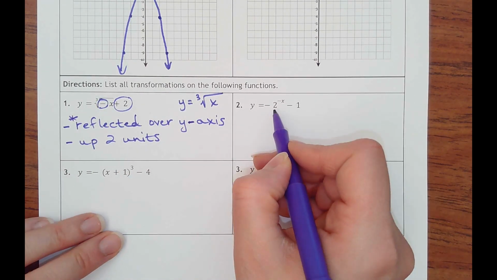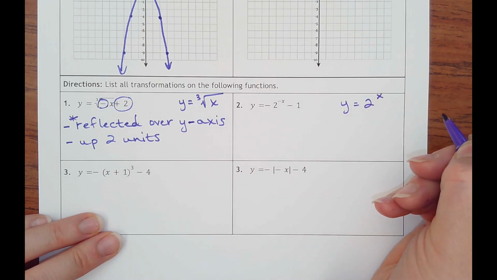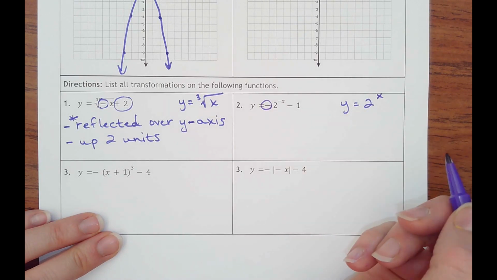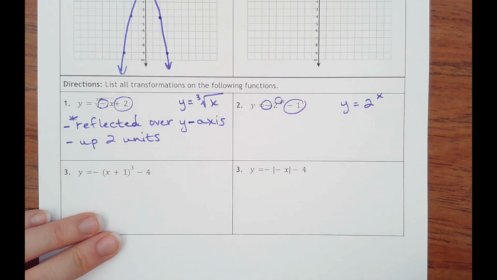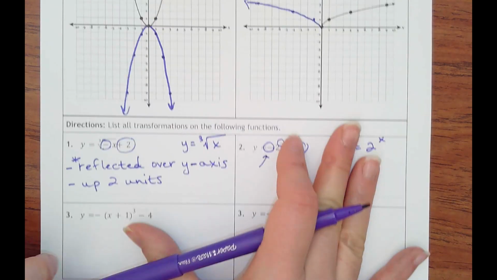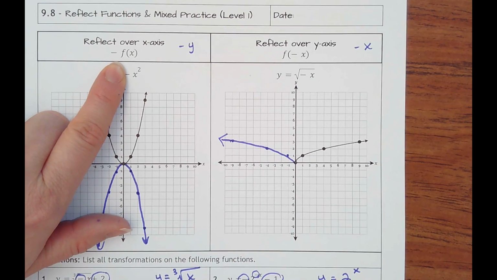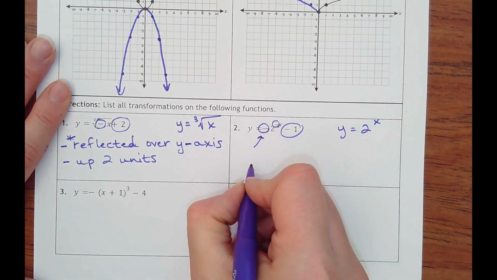Number 2 is an exponential function. The parent was simply 2 to the x power. So what do I see that's different here? Well, I see a negative in front of the 2, and I see a negative in front of the x, and I see this -1 on the end. This negative in front of the whole function means it got reflected over the x. The negative in with the x means it got reflected over the y.